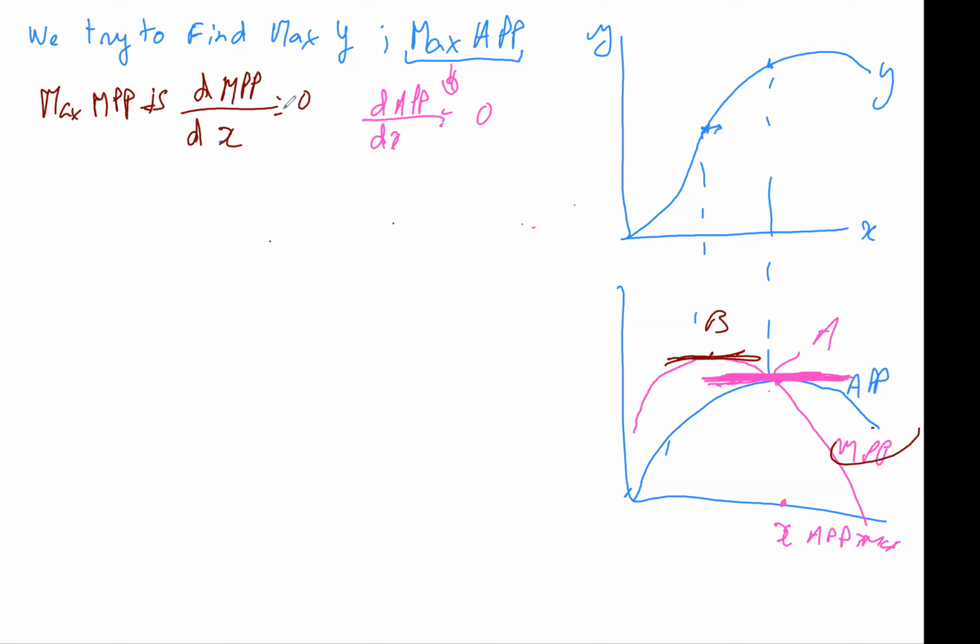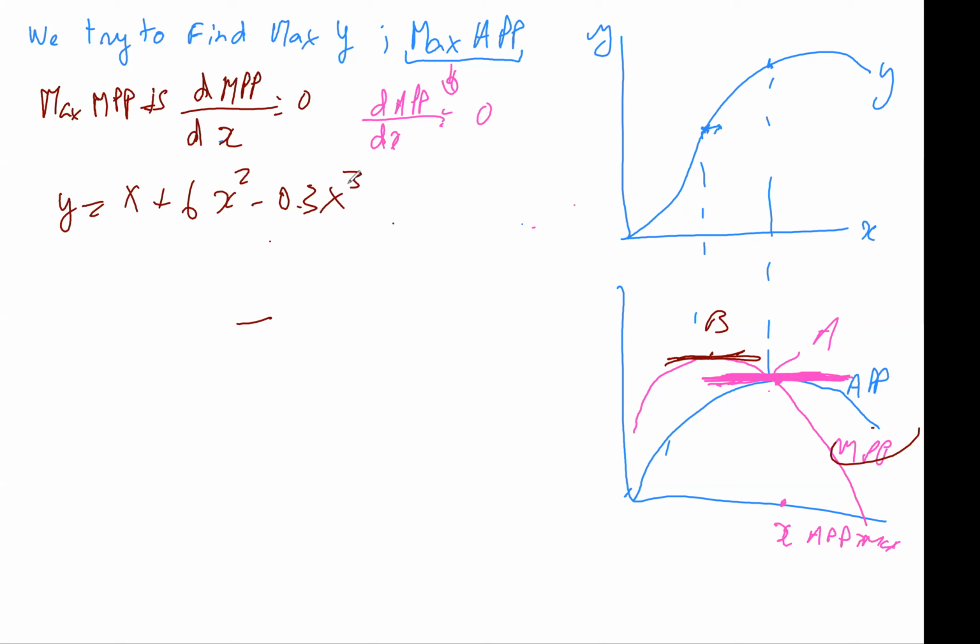So when you're asked a question, I have this production function. Let me take a textbook production function. I'll just take my old production function, right? Y equals x plus 6x squared minus 0.3x cubed.